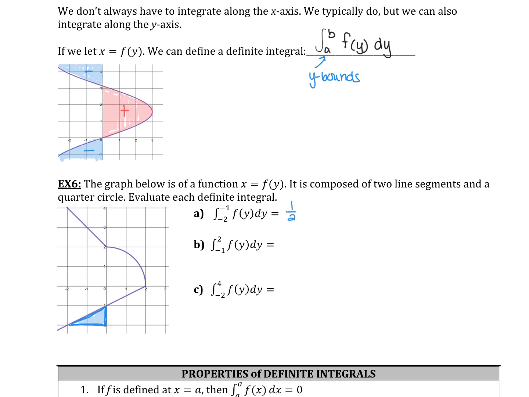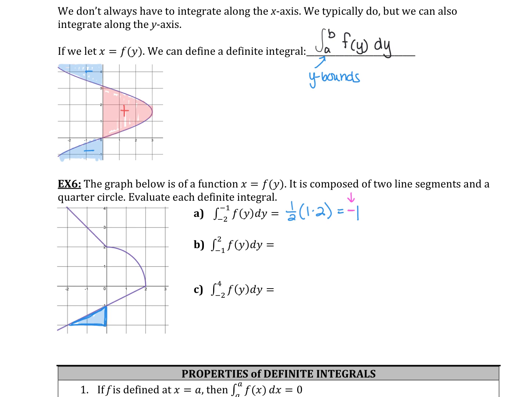This would be 1/2, that's the area of a triangle, base times height. Well, my base is 1 and my height is 2, or vice versa. And so this area would be 1, except that because it's underneath the y-axis in the curve, this sign would need to be negative. So we need to be aware, just based on where it's located on the graph, that this would be a negative area under the curve.